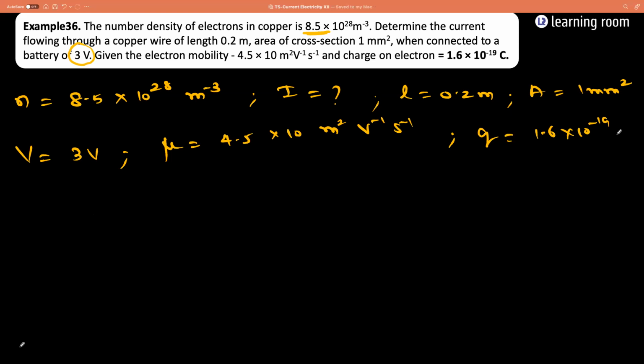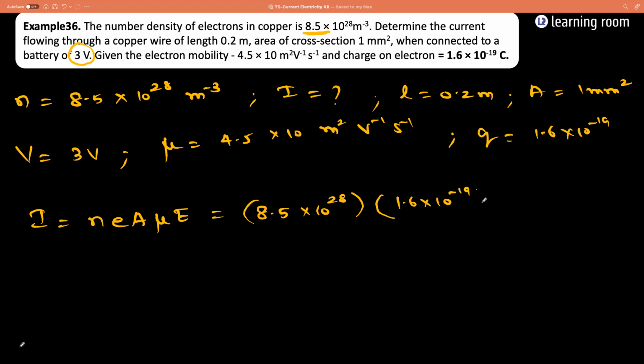Okay, what are we supposed to calculate? Determine the current. So I is equal to nEA mu into E. So small n is 8.5 into 10 power 28, into the value of small e, 1.6 into 10 power minus 19, into A, which is 10 power minus 6, into mu, which is 4.5 into 10.